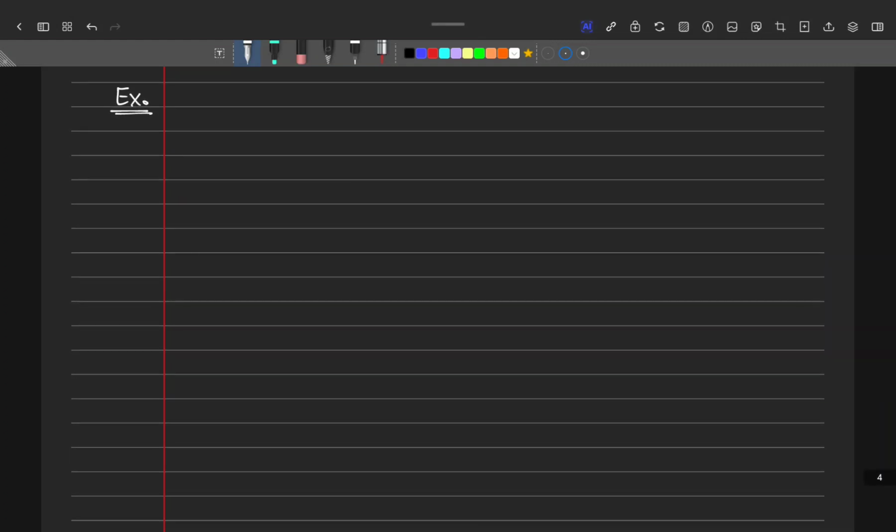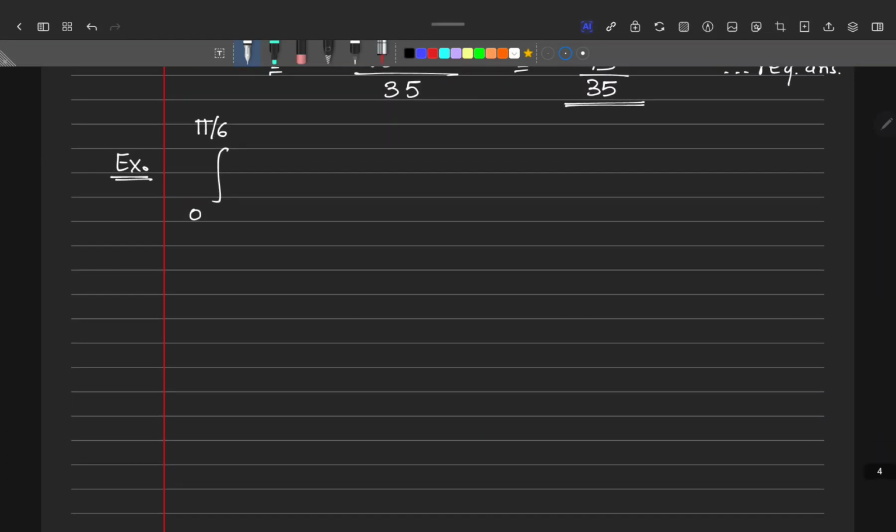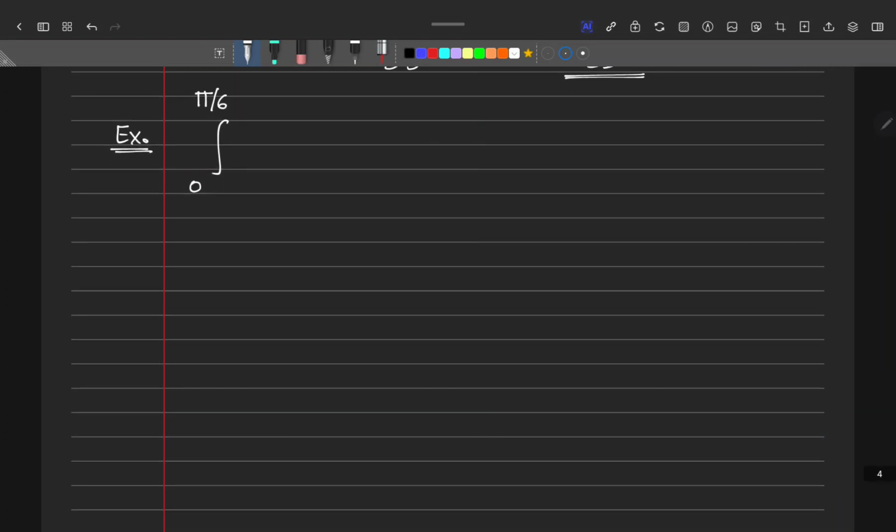The same thing is to be done in this example where your range is 0 to pi by 6, not pi by 2, not pi or 2 pi. This will be sine square 6x into cos raised to 6 3x dx.